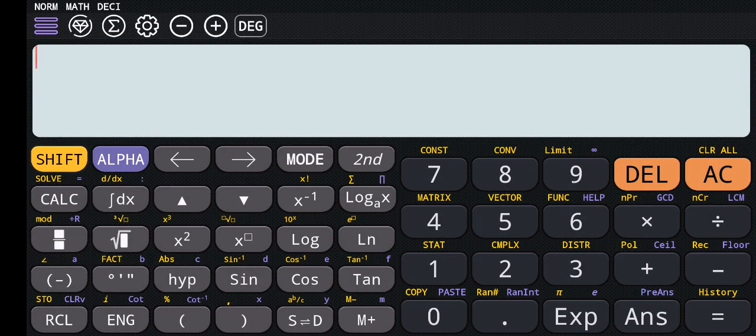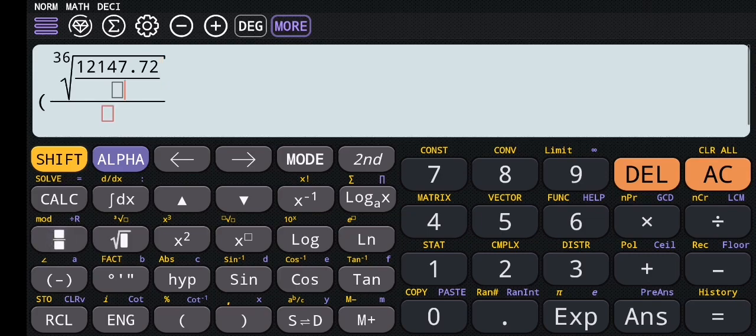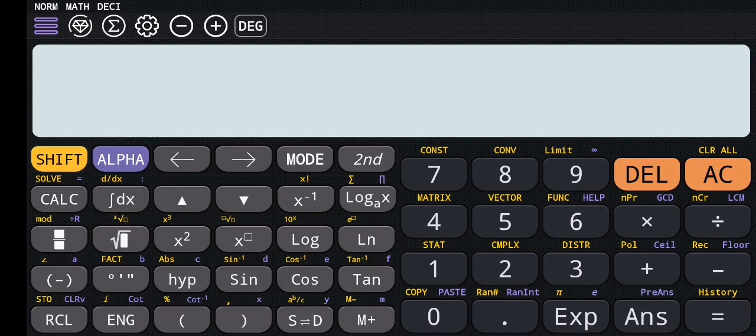Our I is going to be equal to... okay, let me start over.